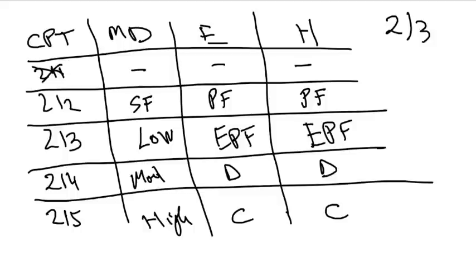But let me show you a simpler way to do it. Still okay in terms of billing, but it will save you a ton of time, and it also makes room in your note for documenting other issues that are important from a clinical and also legal point of view. So let's see.